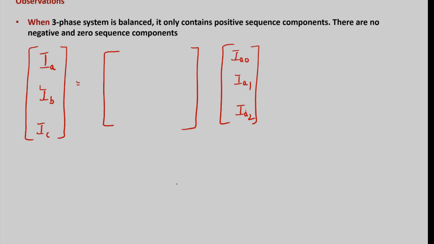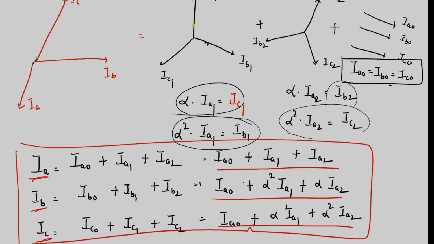So you are going to get the first row as ones, the first column as ones. This is alpha square, alpha, alpha, alpha square. You can observe carefully. So I am taking IA0, IA1, IA2 as this one. The first row will be 1, the first column will be 1. This will become alpha square, alpha, alpha, alpha square.